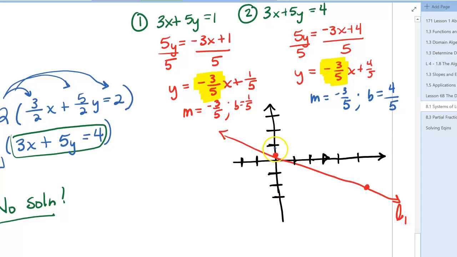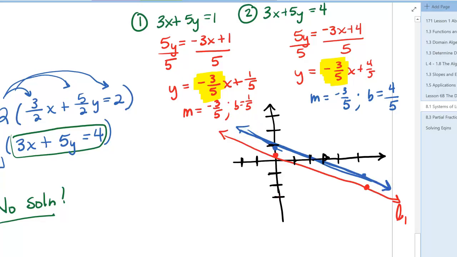So I'm going to go up a little bit higher on the y-axis, so that would be 4/5. From there, though, I'm going to go down 3 and over 5 again. Sorry, I do not draw straight lines very well.